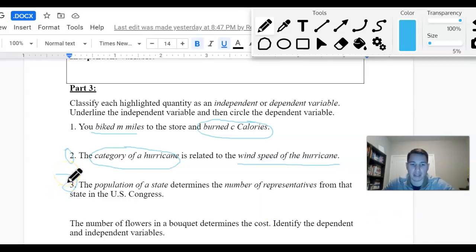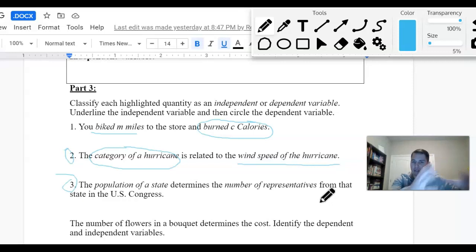Number 3, the population of a state determines the number of representatives from that state in the U.S. Congress. So the population of the state, the number of representatives. What's going to come first? Do we have a number of representatives and then we put people in the state?